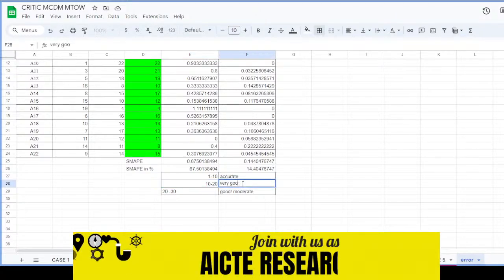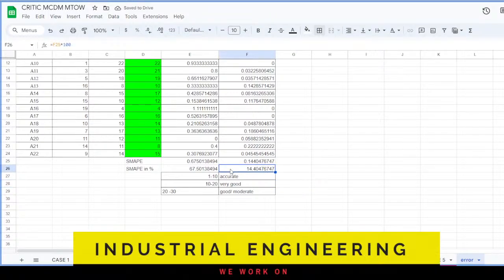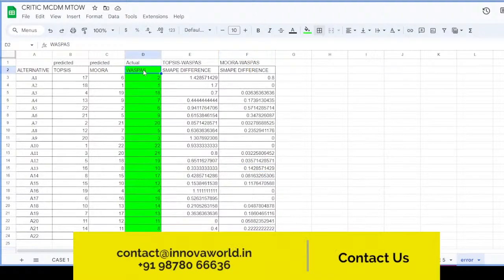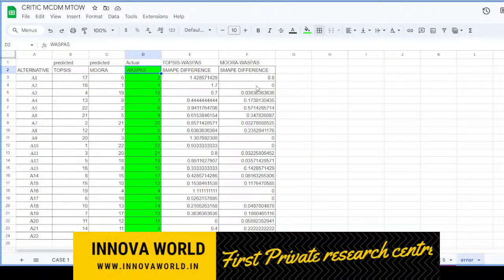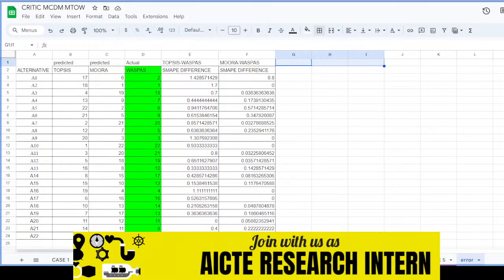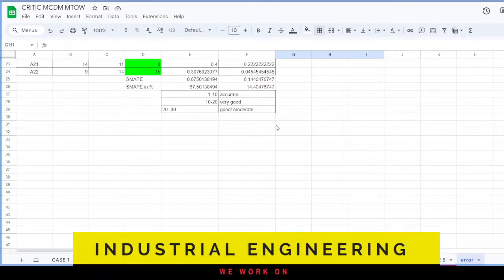That means the MURA method gives quite a reasonable result, close to WASPAS, which is a moderate result. So only these two methods will not serve the purpose. You have to do several other techniques to compare and contrast with your technique in order to identify whether your result is coming out closely accurate or not.